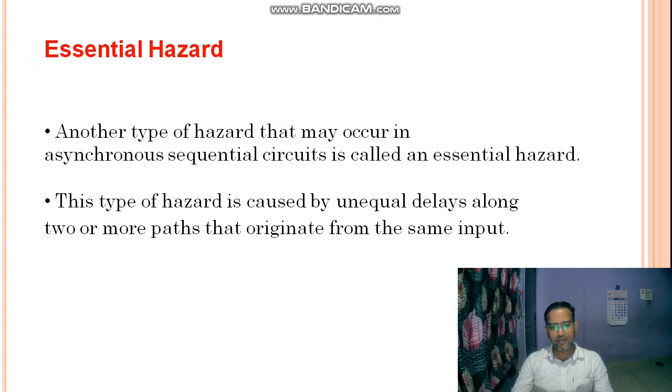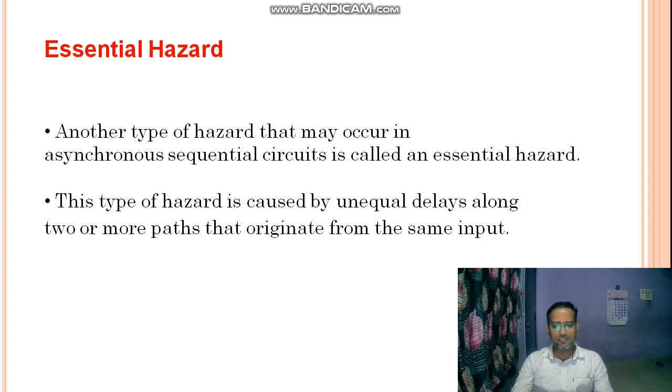The next and final one is the essential hazard. It is the most important hazard. It is relevant in asynchronous sequential circuits. It is another type of hazard that may occur in ASC circuits, called an essential hazard. What is an essential hazard? It is a type of hazard caused by unequal delays along 2 or more paths that originate from the same input.